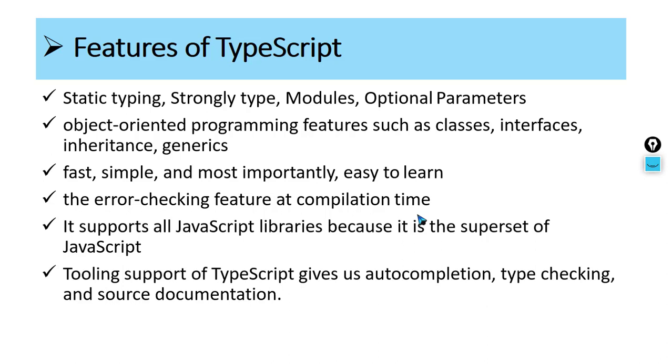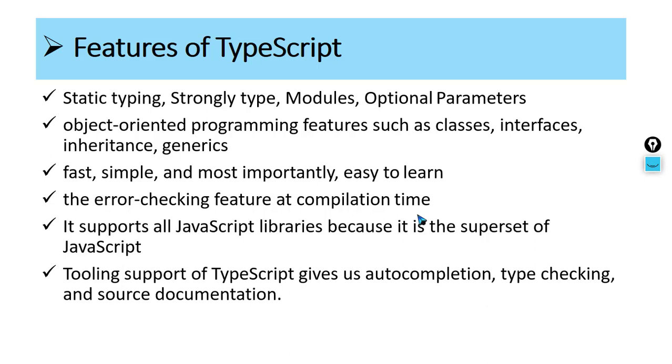Now you have the optional parameter concept. It applies when you pass parameters to a function, at the time of function calling. The optional parameter concept allows you to pass fewer parameters.